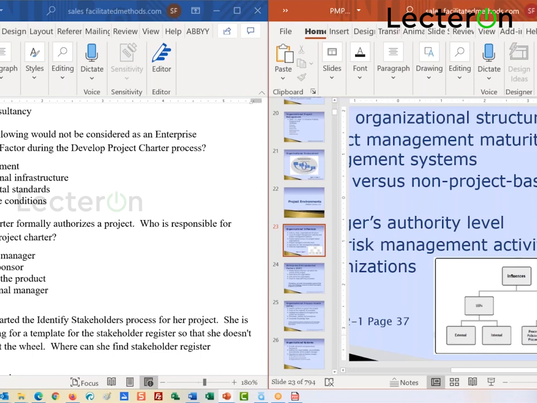If I had, for instance, been told what kind of communications or what kind of sign-offs I need for my project, that would be the policy or procedure for the project. But at the higher level, that infrastructure, it's internal to your organization, but it's external to your project. OPAs are inside your project.